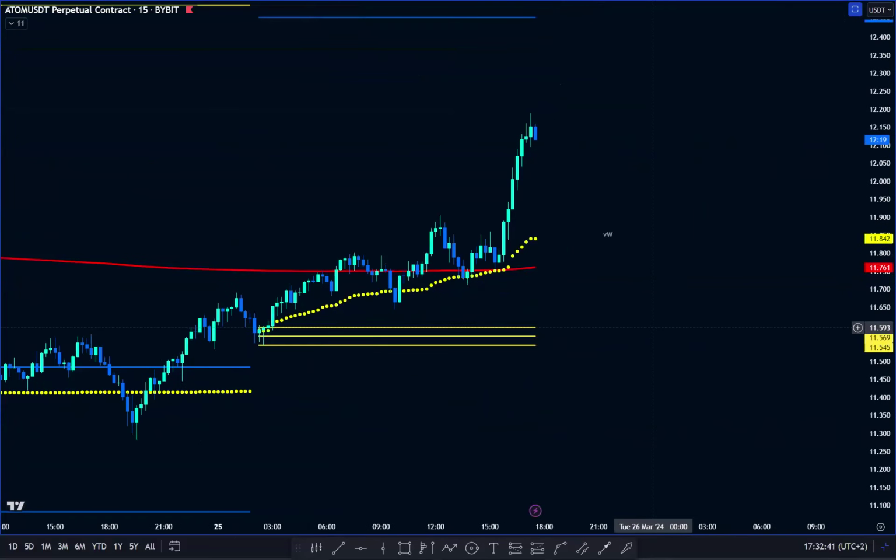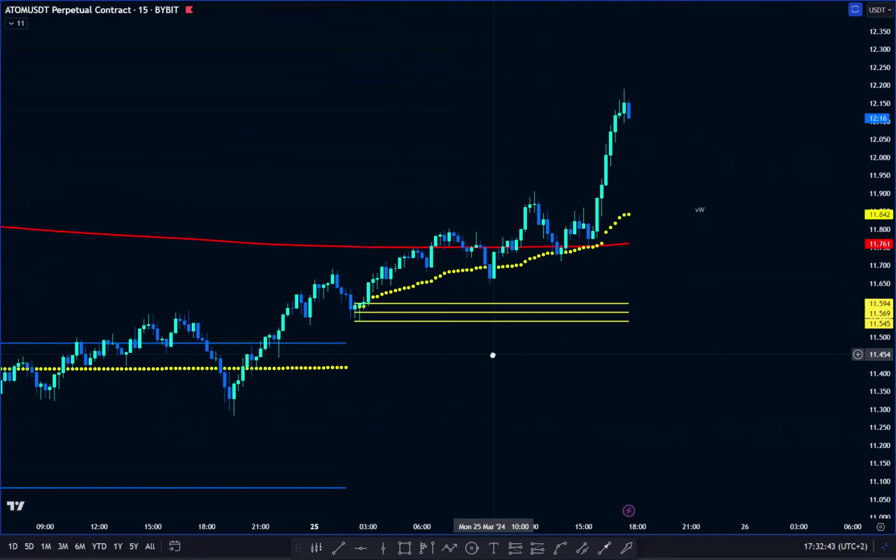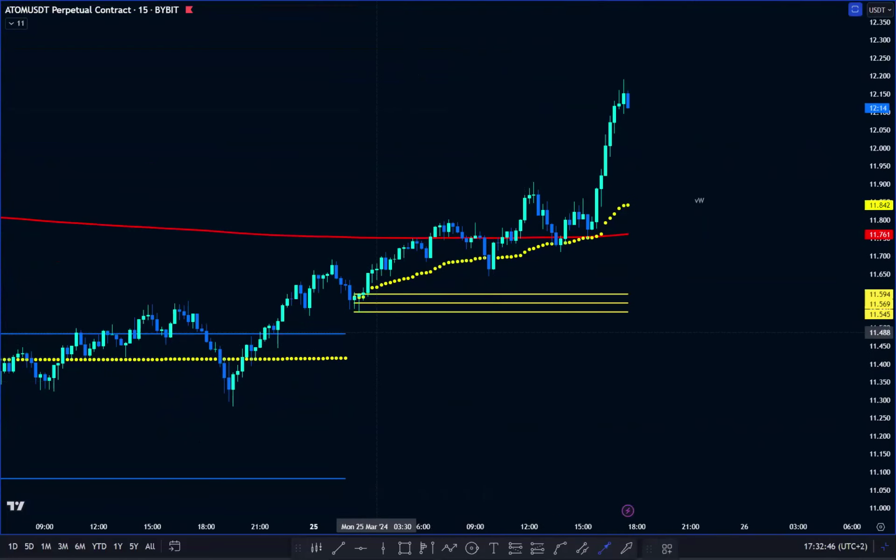So then you'll see at this point here, the way I used to enter this was on the grid, and it is a very good entry, and I still do that. I still will enter on the grid. But if you want a very, very confirmed entry, either when it breaks above the VWAP, number one, or when it breaks above this 1 hour EMA.